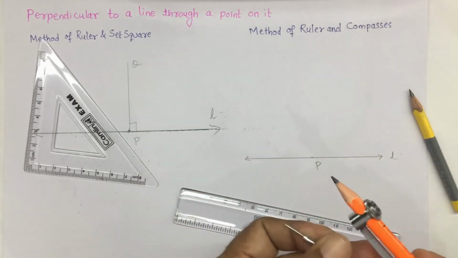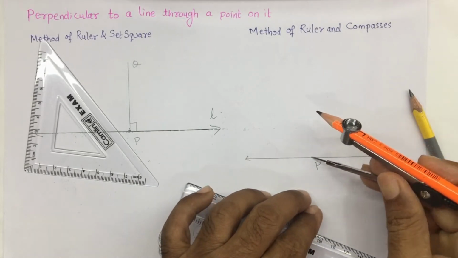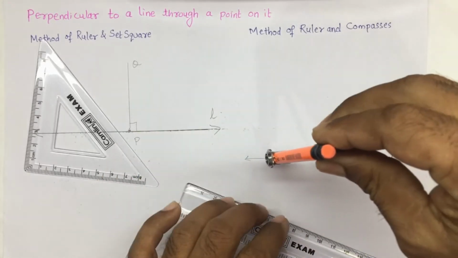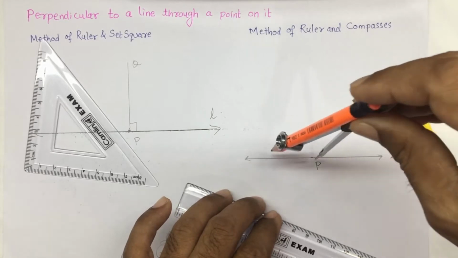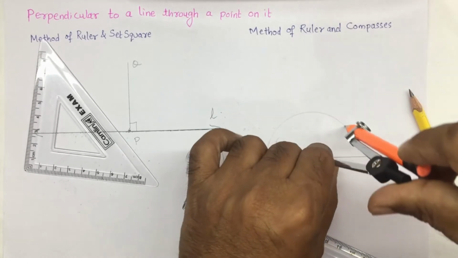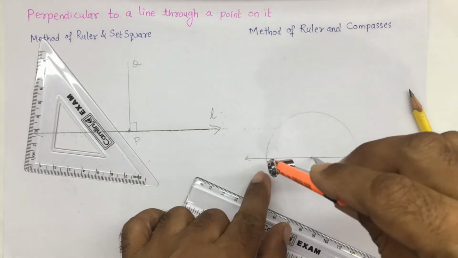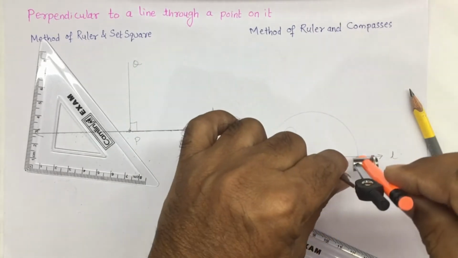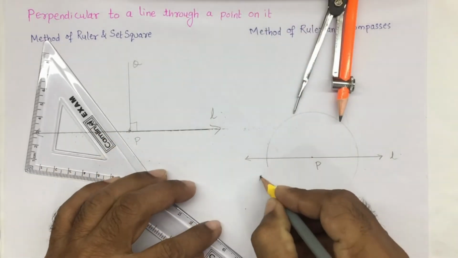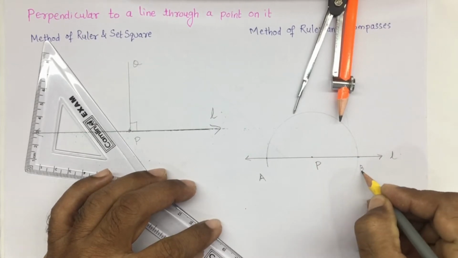For that, you draw an arc with P as the center, such that the arc crosses the line at two different points. Here, one point is here and another is at this point. Let us assume this is point A and this is point B.